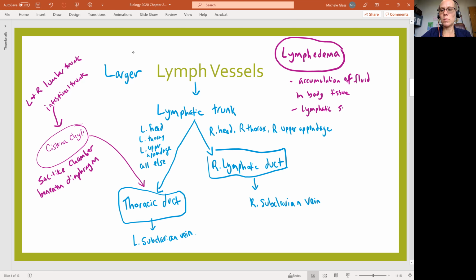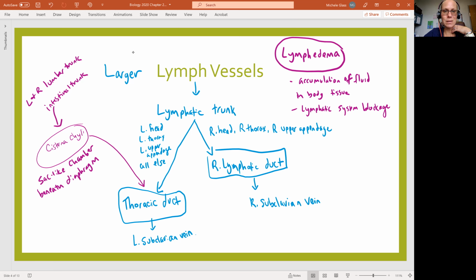In some cases, it could be a parasite that's blocking that vessel. There are some worms in particular that will take up residence in the lymphatic system, and they can block that whole region, and fluid can accumulate into appendages, for instance.